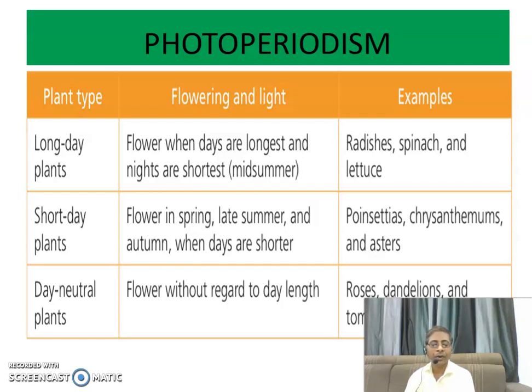Examples are poinsettias, chrysanthemums, and asters. And day neutral plants flower without regard to day length. Examples are roses, dandelions, and tomatoes.